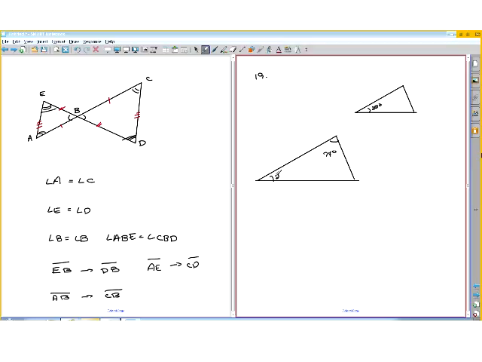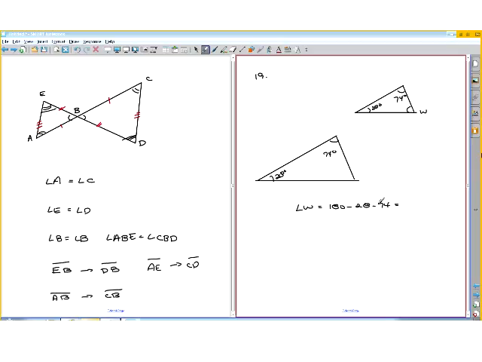So in similar triangles, the angles are the same. So this is going to be 28 degrees. This will be 74 degrees. And because the sum of the angles in the triangle has to be 180, this unknown angle, which I'll call angle W, is just 180 minus 28 minus 74, which are the other two angles which we know.